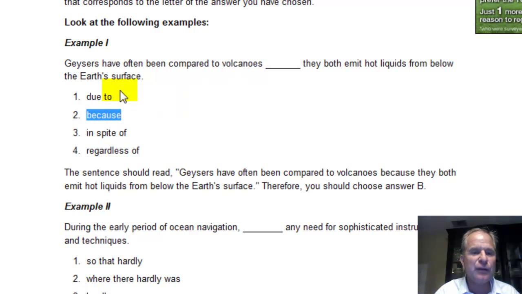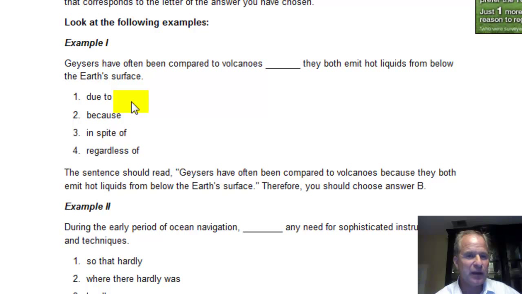Now another thing is, due to and because have similar meanings because they focus on what's called expected result or cause-effect type relationships. You see what I'm saying? So you can even get rid of in spite of and regardless of because they work more on what's called unexpected type results or contrast type relationships.